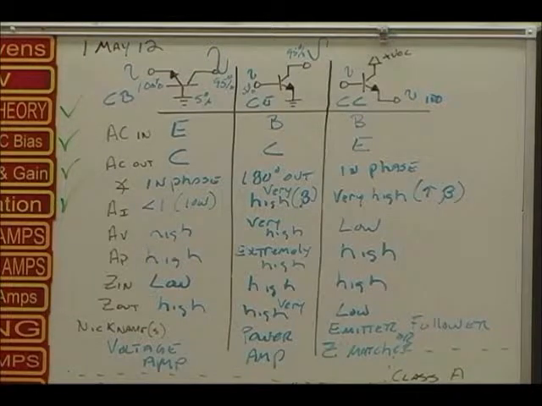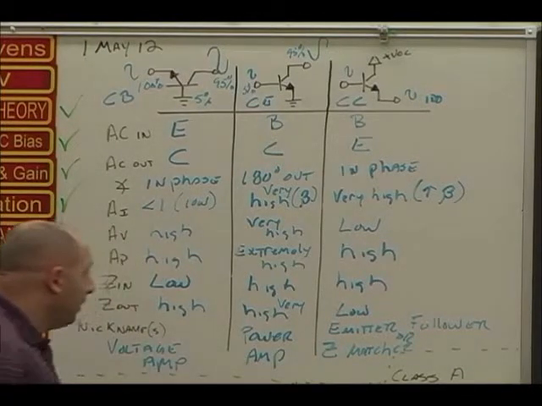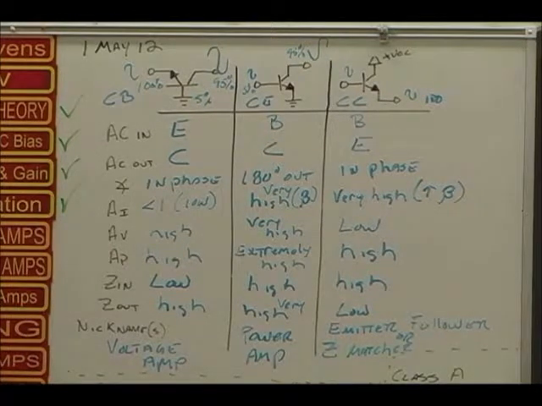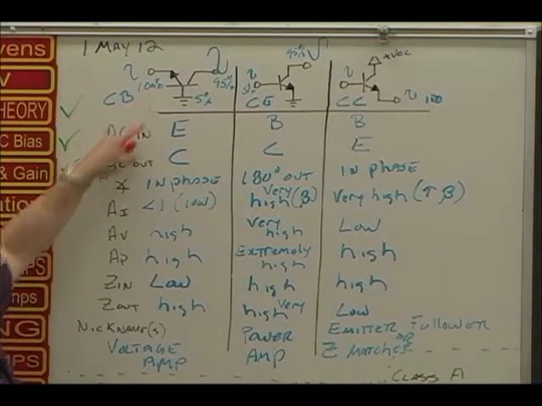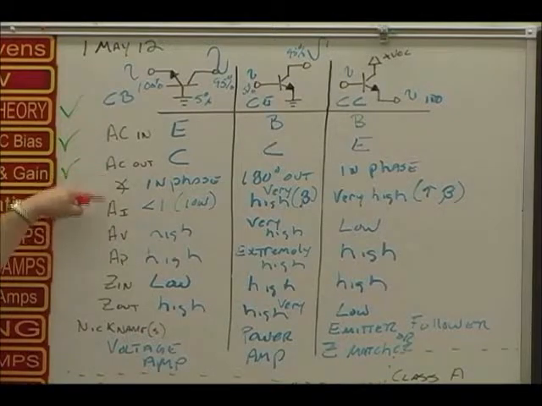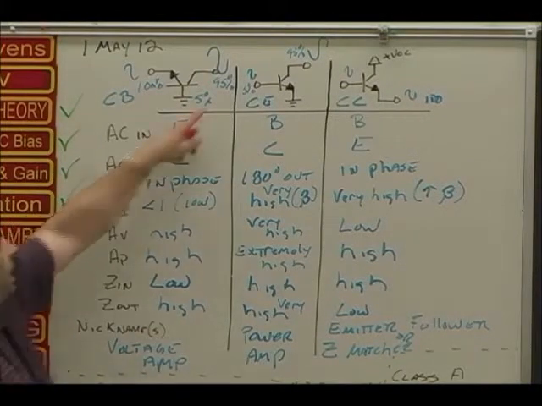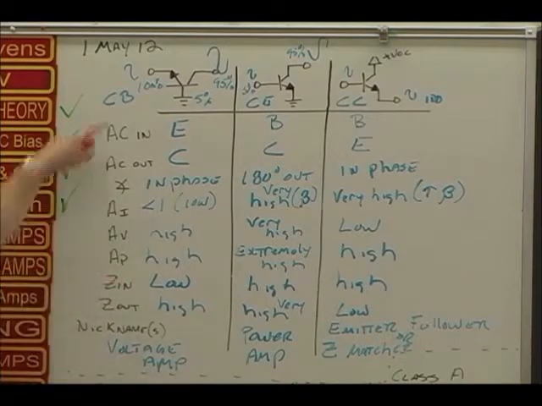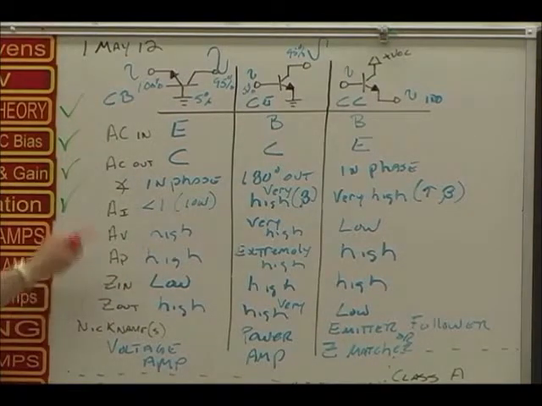Let's point out some similarities and differences to help you out. One of the rules I keep harping about is whenever you're dealing with the emitter, it's always going to be low, isn't it? Look, current gain. In this case, that's because 95%, but the impedance, input's on the emitter, low.